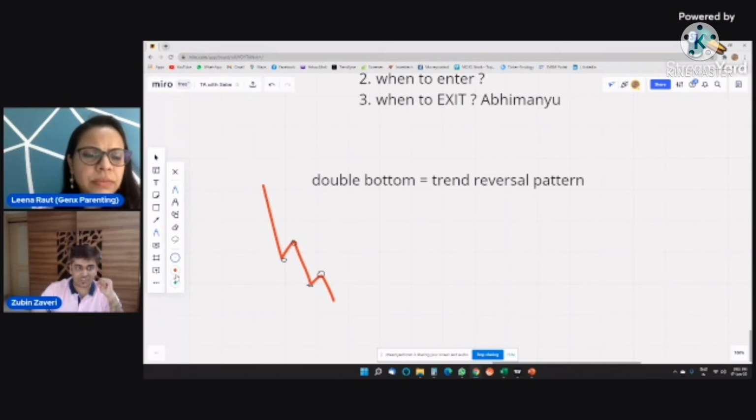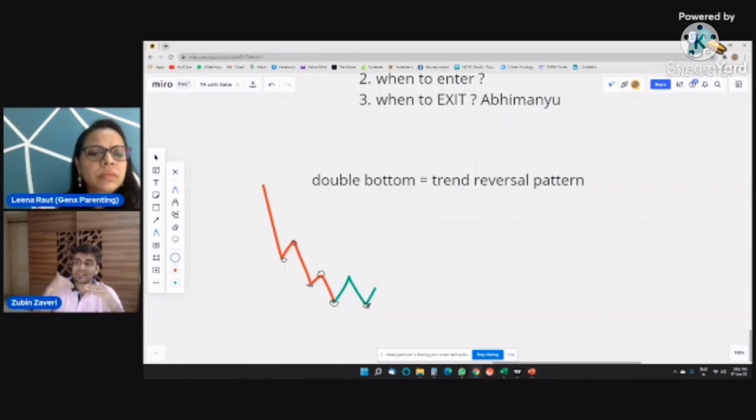Now after this, if something like this happens, there is another bottom over here. This is a bottom that is formed, and this is another bottom. Now compare these two bottoms. They are almost at the same level. So what has happened here is that prices were falling down, and somewhere over here, prices stopped falling.